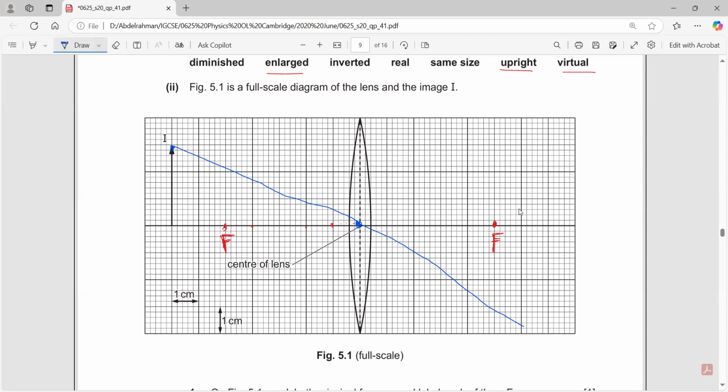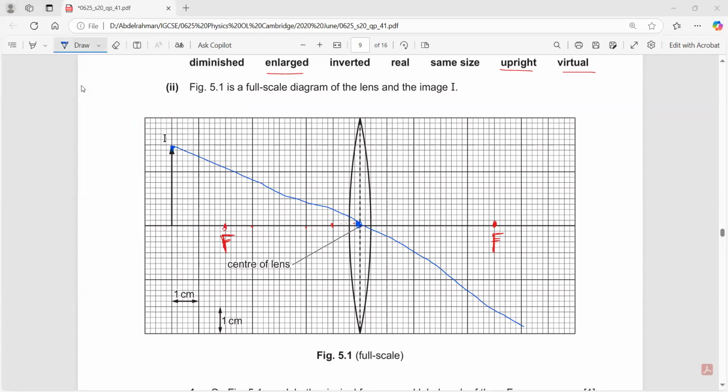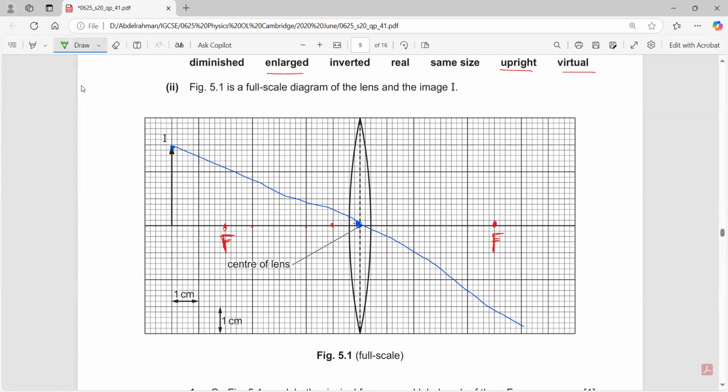The second ray is a bit more tricky, and let me explain it while drawing it. Let me use a different color, the green one. The second ray will move from the tip of the image to the other focal point, not this focal point.